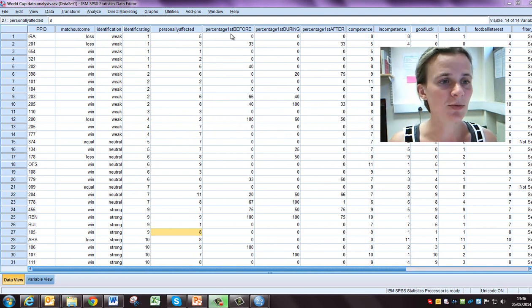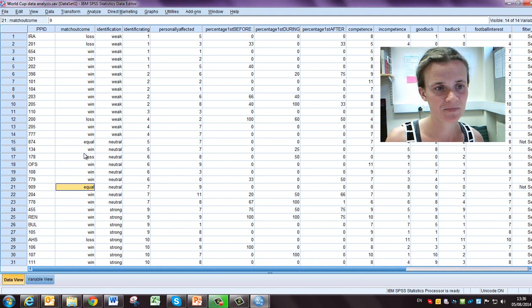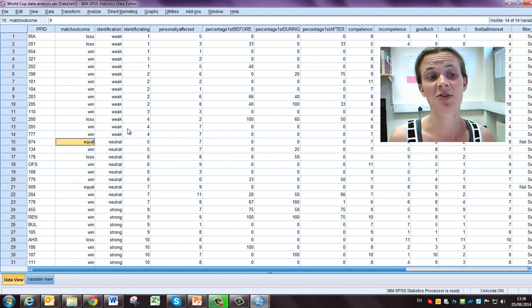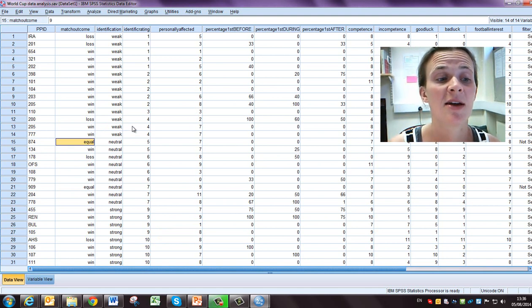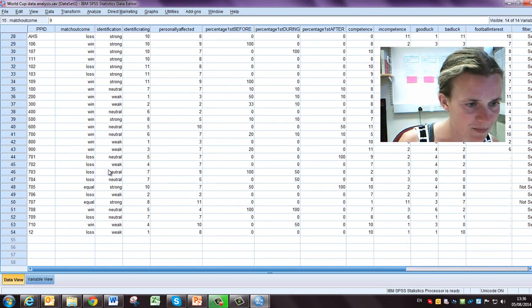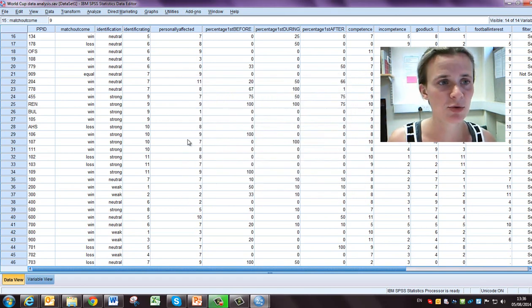So what we want to do, first of all, is take out these people because they happen to watch a match that resulted in an equalizer, and we're only interested in wins and losses. We would be interested to see what would happen if there was a big enough group with equalizers, but there are only a few, only 4 of them. That's not a big enough group.